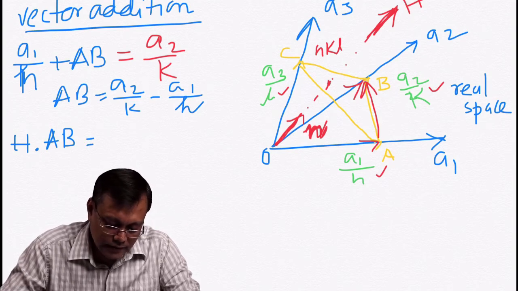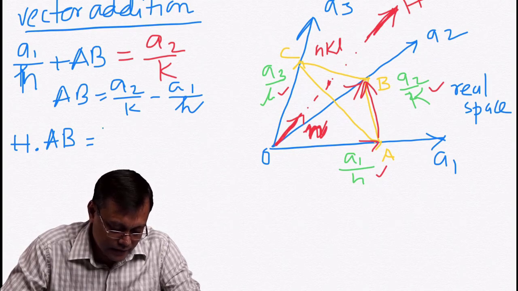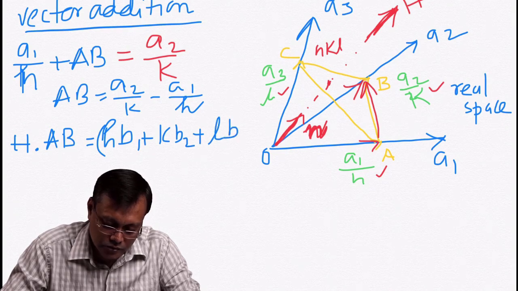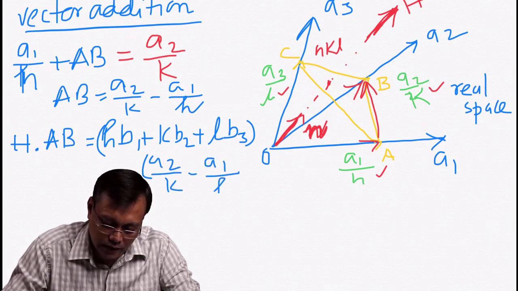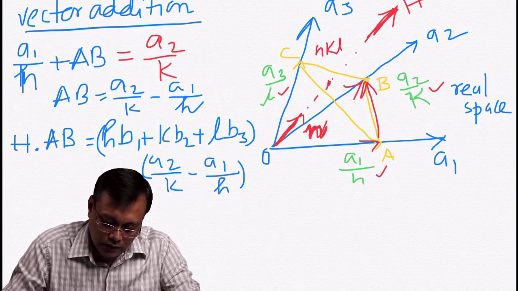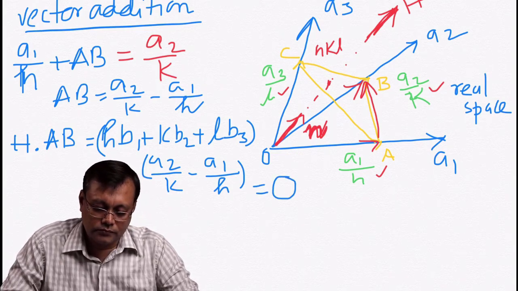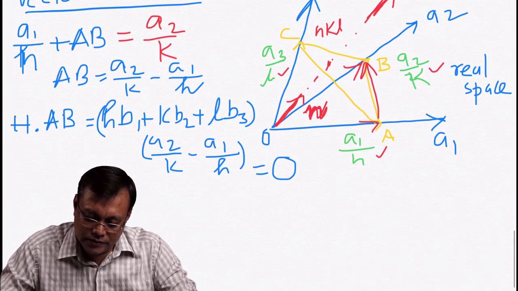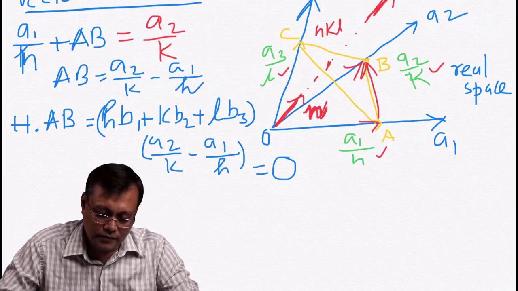H is basically the direction which is equal to H B1 plus K B2 plus L B3, please look at our earlier derivation, multiplied by A2 by K minus A1 by H. This value will be equal to 0 because the H vector is perpendicular to the ABC plane.